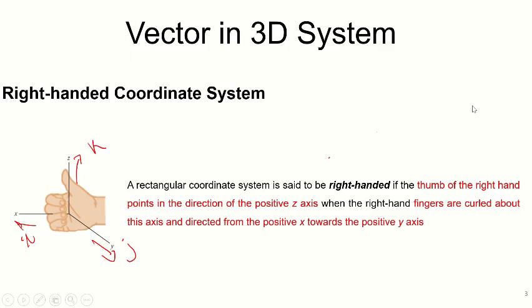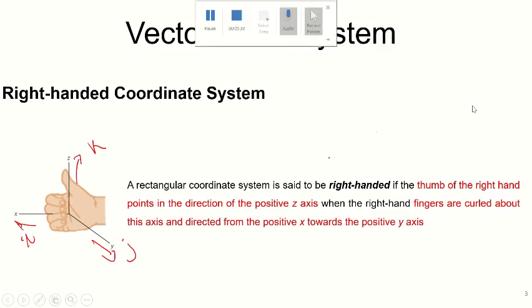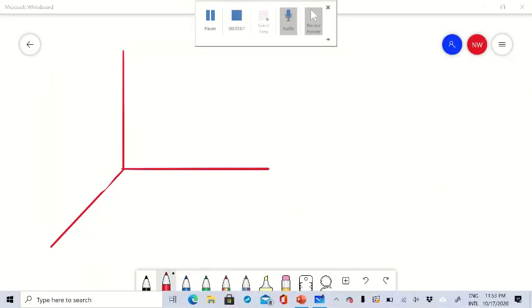These are the important things that you should remember. Say this is x, this is y and this is z. So this is our three-dimensional Cartesian coordinate system x, y, and z, right?